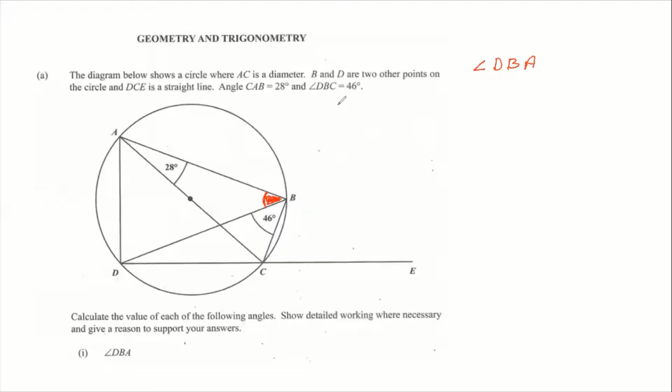We re-sketch our circle and draw the diameter that they give us, which is AC. This point was A, and this point is C. Since the angle is formed at B, we put B back on our diagram, and this is point B up here.